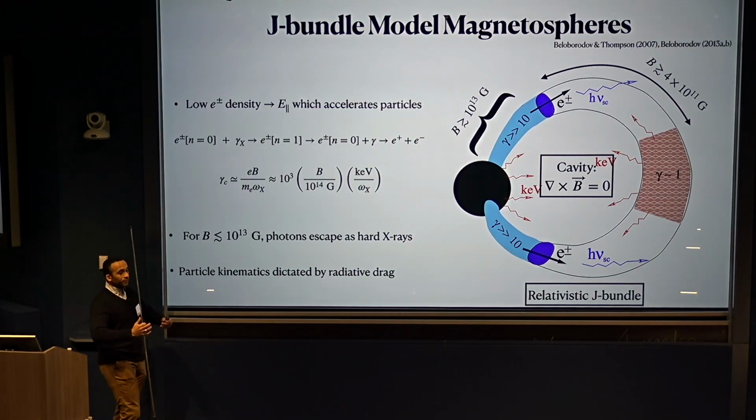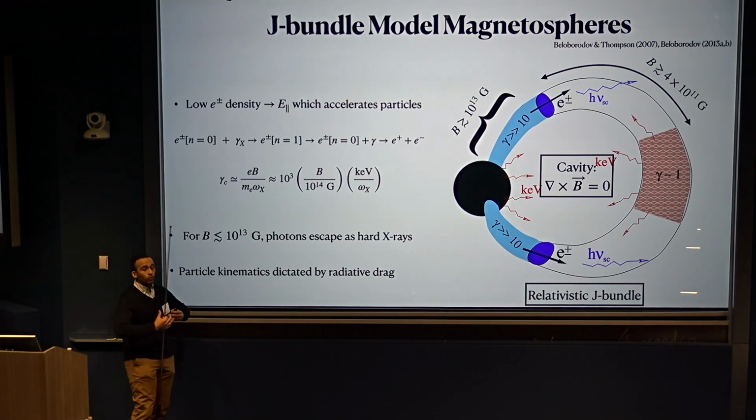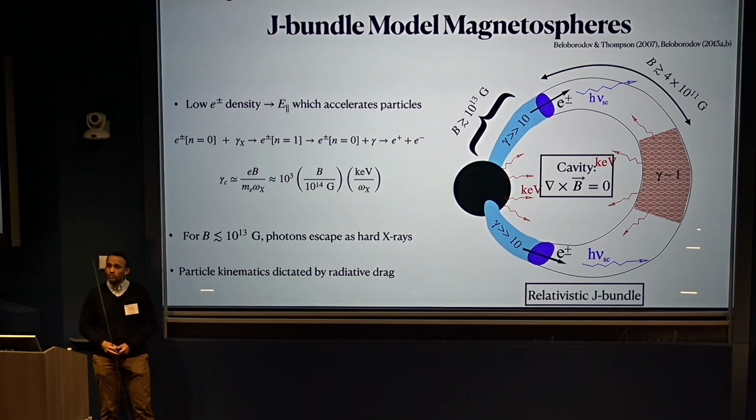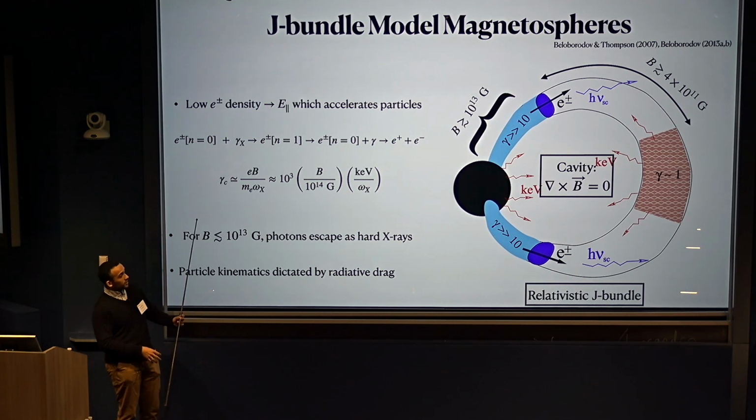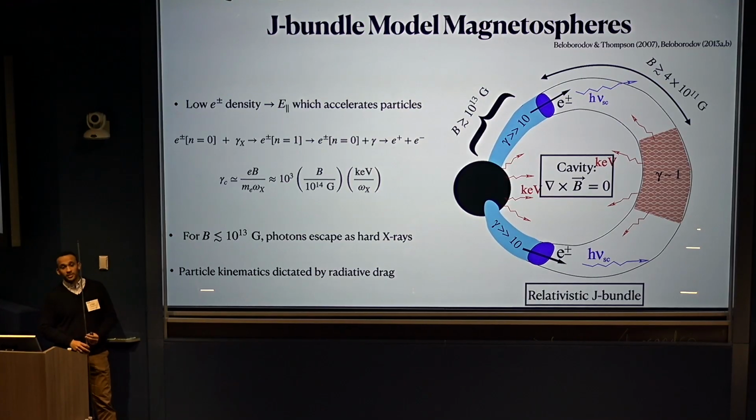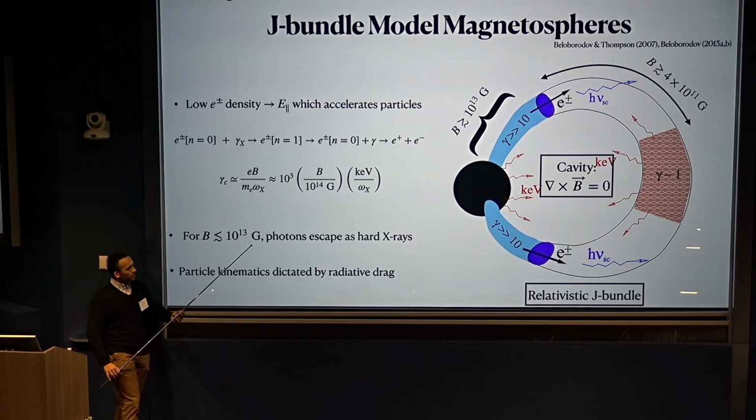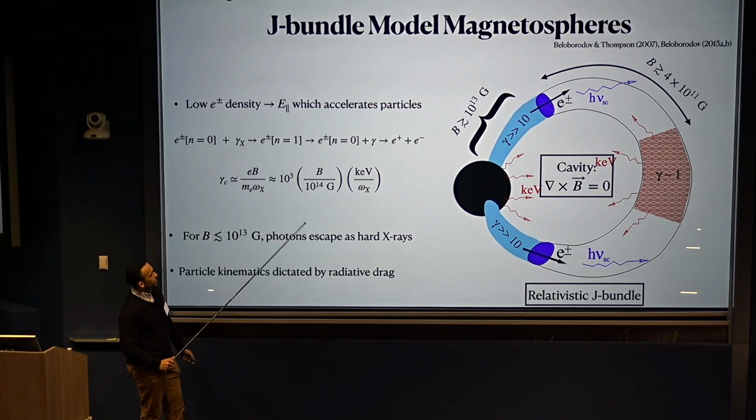So I mentioned, even if I give you the arrangement of the magnetic field lines in the magnetosphere of the magnetar, I still need to give you information about the plasma state. And this is something that people worked on about 10 years ago.